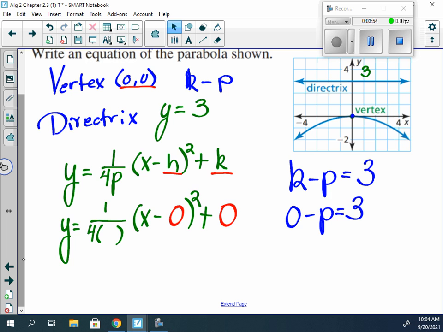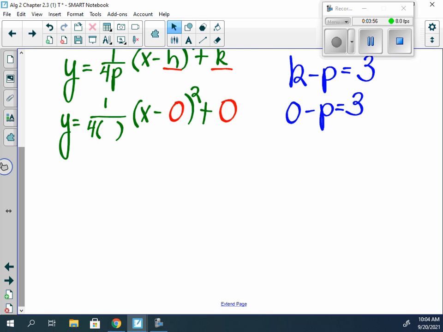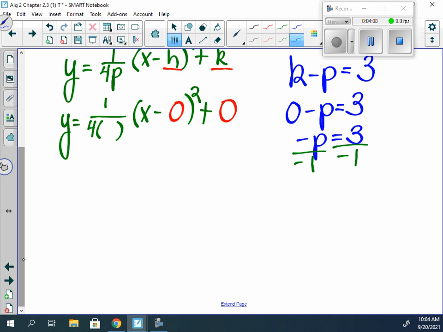Well, really what we have here is that negative p is equal to 3. So what can we do? We can divide by -1 or multiply by -1, which tells us p is equal to -3. So we can plug it back in.